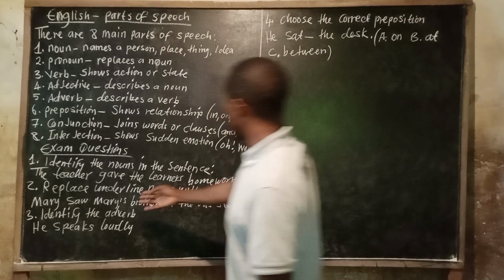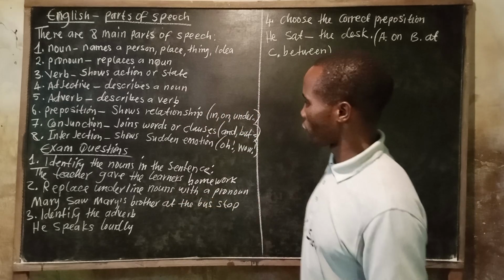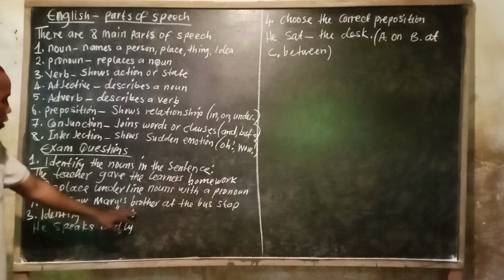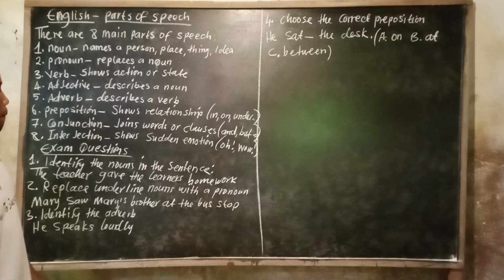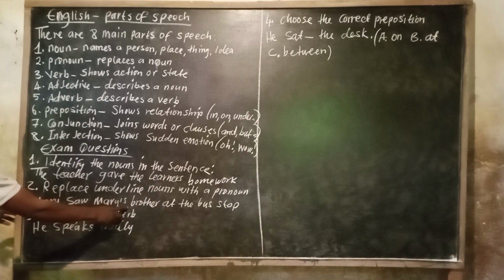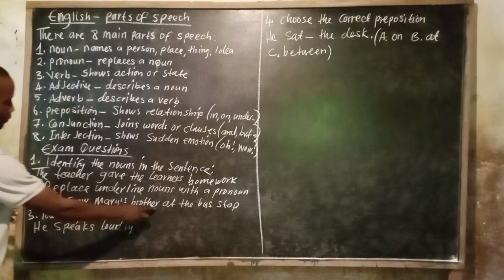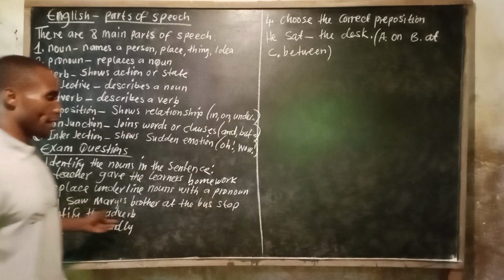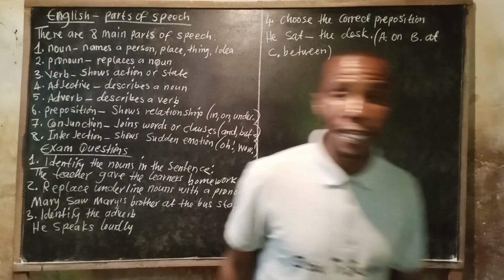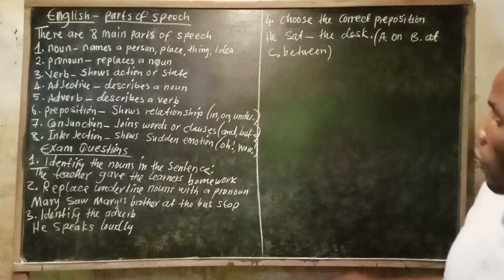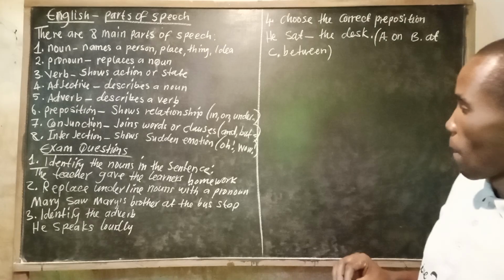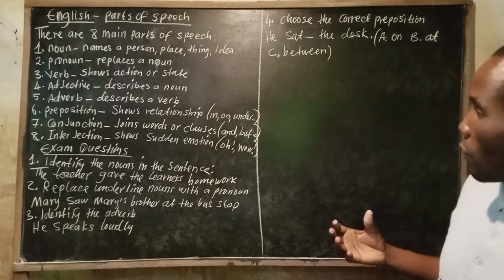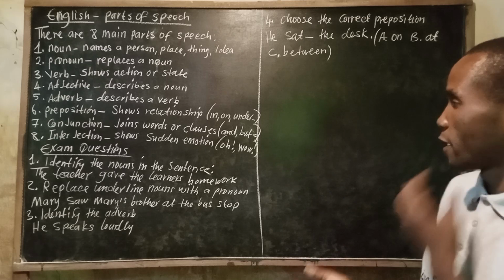Replace the underlined nouns with a pronoun. Mary saw Mary's brother at the bus stop. The underlined part is Mary's brother. Now we want to replace that noun with a pronoun.